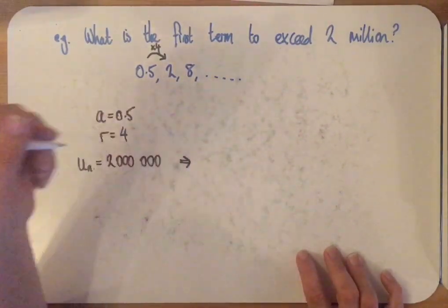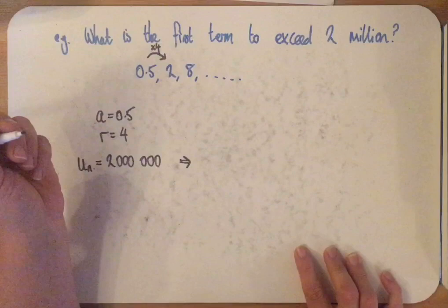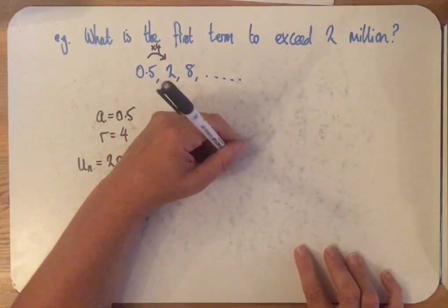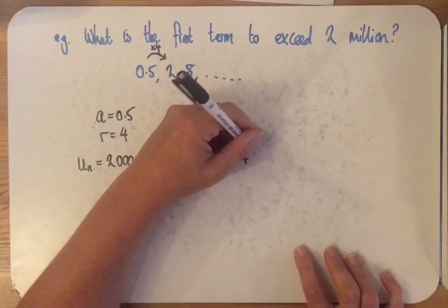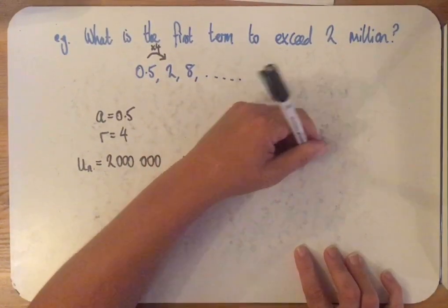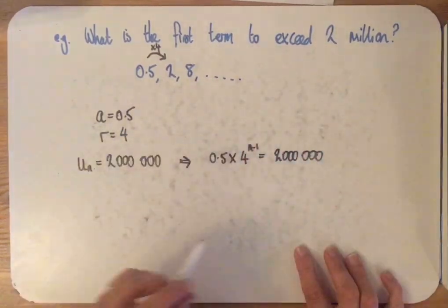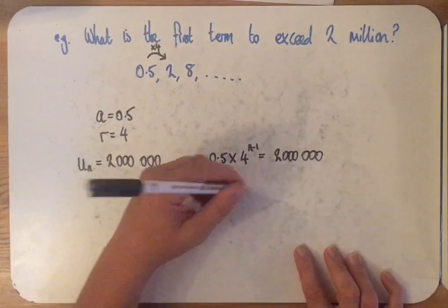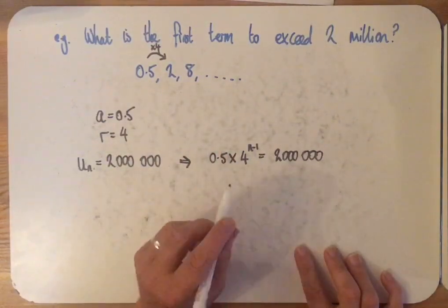The nth term is ar^(n-1). So 0.5 times 4 to the power of n minus 1 equals 2 million. We now have an equation with an unknown as a power, so you can use logs to solve it.